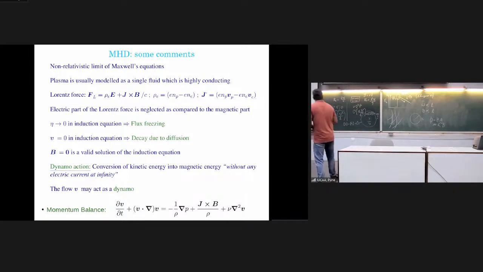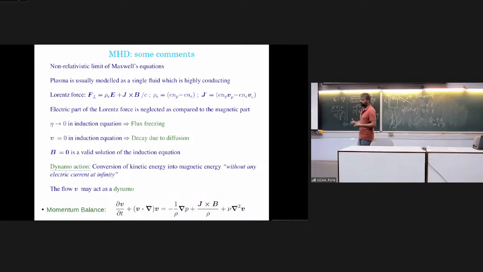But anyway, you know that if there is a charge subjected to electromagnetic fields E and B, the Lorentz force will be Q times E plus V cross B. Q times V is like a current, right?